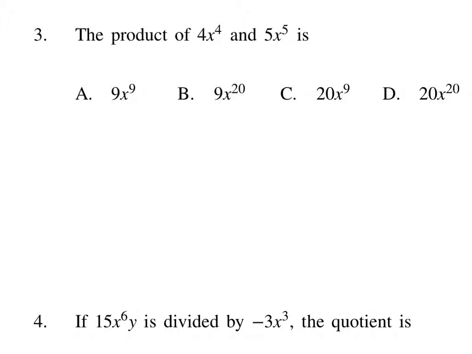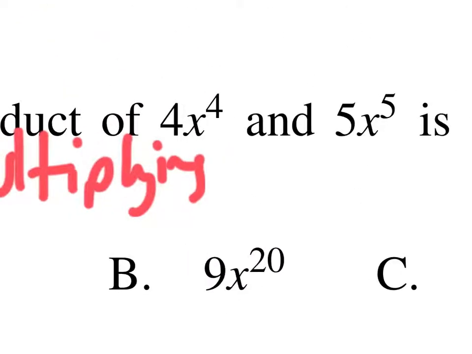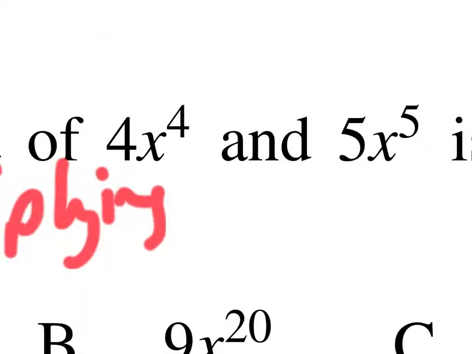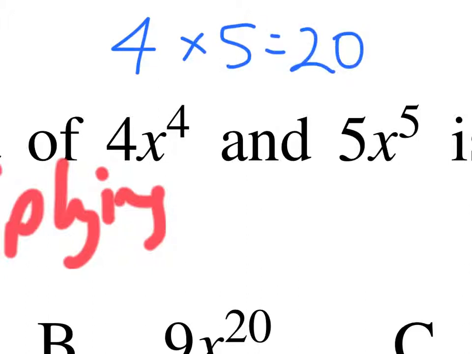Let's take a look at question number 3. It says product, and if it says product, that again means we're going to be multiplying. The coefficients here are what? 4 and 5, and 4 times 5 is 20. And I can see that we've got just a single set of variables, so we've got 2 sets of x's, with the exponents 4 and 5.